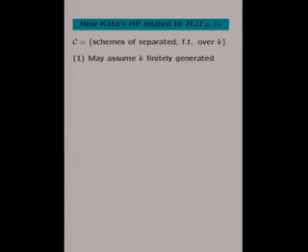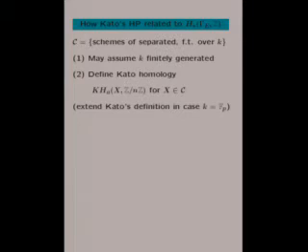So that's easy. And then we define an extension of the Kato homology. Kato homology was defined for arithmetic schemes, for example schemes over a finite field. But we extend this Kato homology to schemes over a finitely generated field.